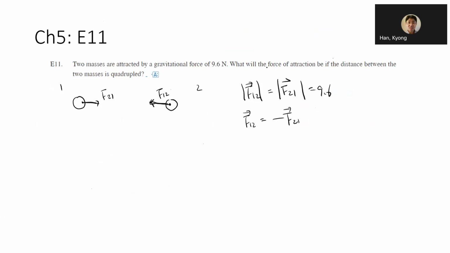What will the force of attraction be if the distance between the two masses is quadrupled? Quadrupled means the distance is originally r, but later it becomes 4 times that.